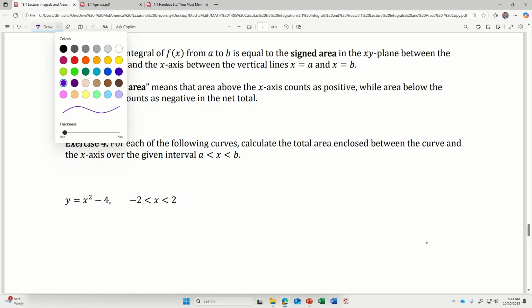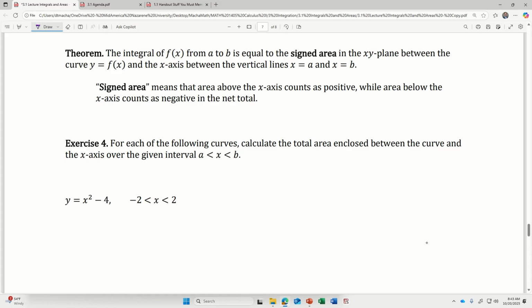So I'll show you how you do this in geometry. For each of the following curves, like this curve y equals x squared minus 4, calculate the total area enclosed between the curve and the x-axis over the interval from a to b. When you see a curve and some lower bound, upper bound on x, this is how we set up the integral.